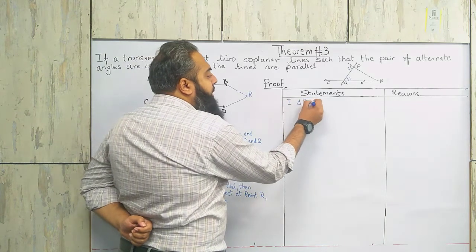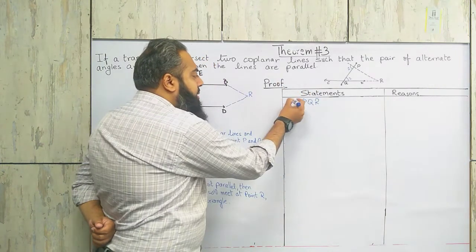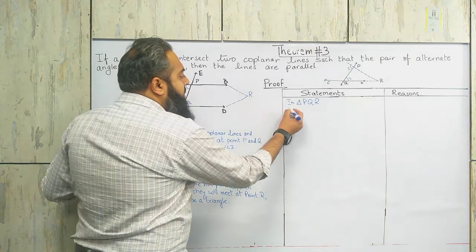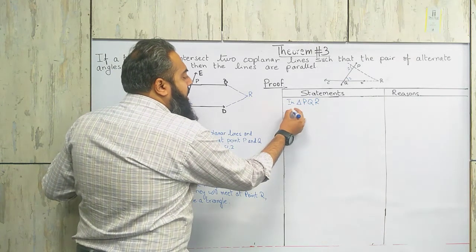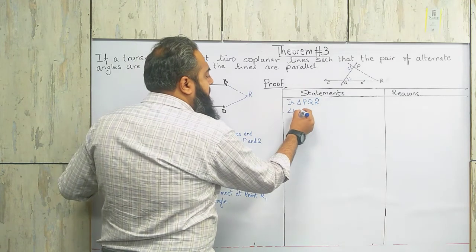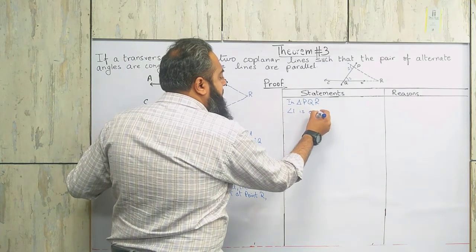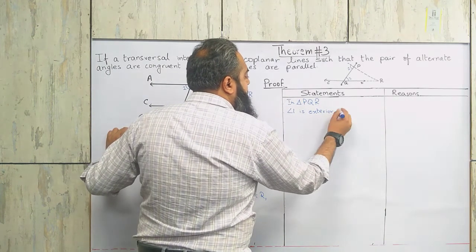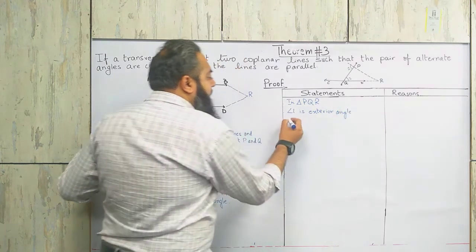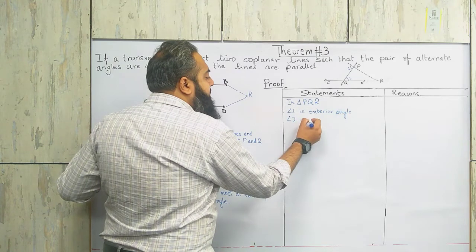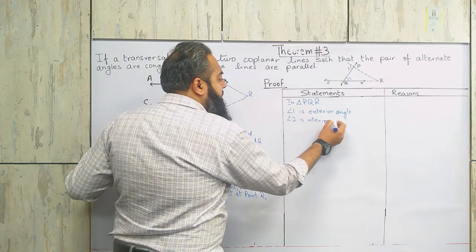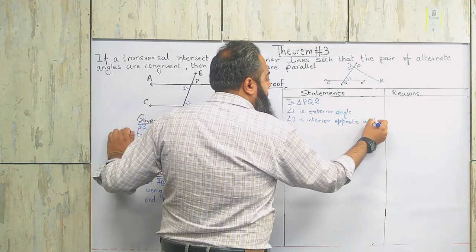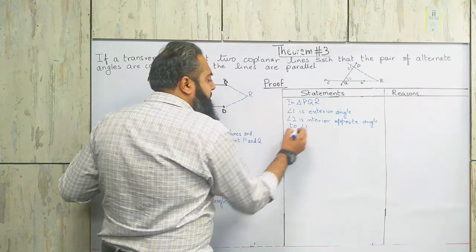In triangle PQR, we have that angle 1 is an exterior angle and angle 2 is the interior opposite angle to angle 1.